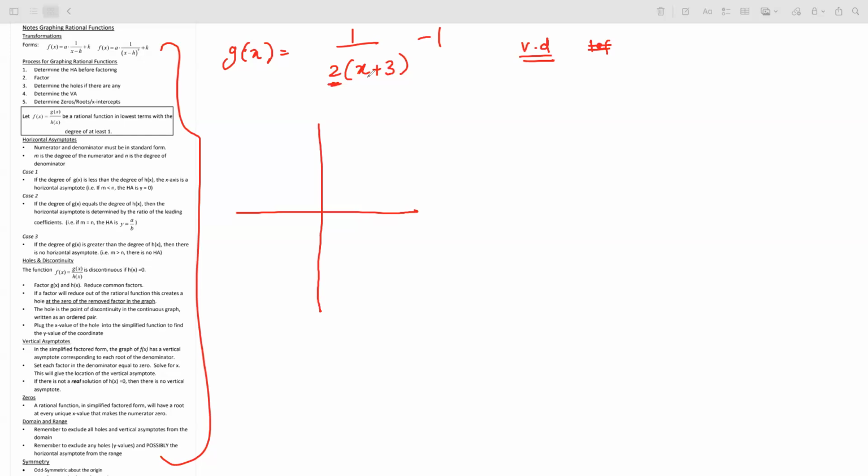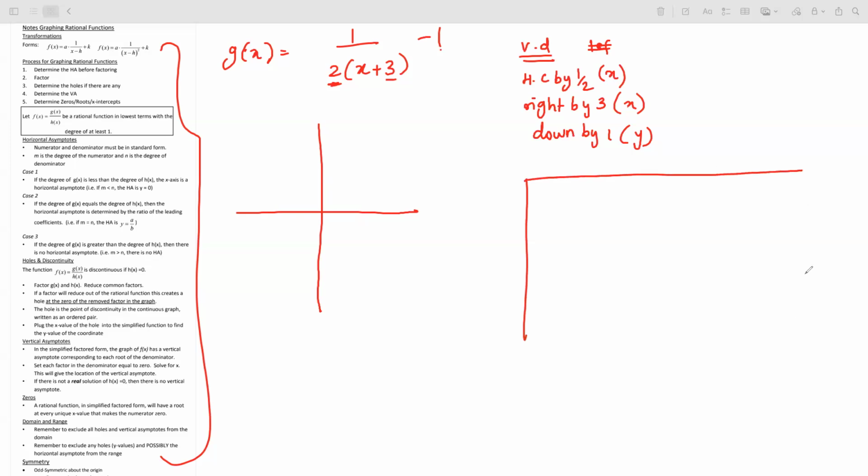Horizontal compression by one half. Then I can go to translations: right by 3, down by 1. Now when I write it, this affects the y-axis, this affects the x-axis. Horizontal compression means x-axis. Now my table comes into picture: parent function, transform function.